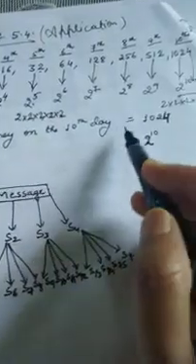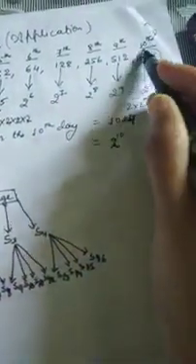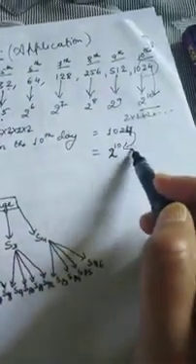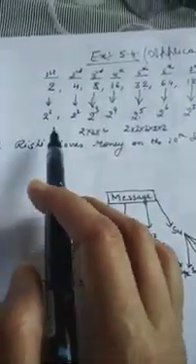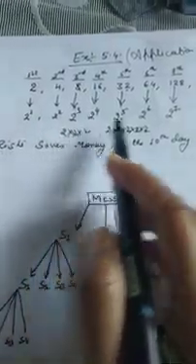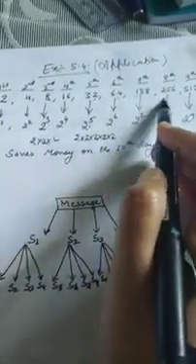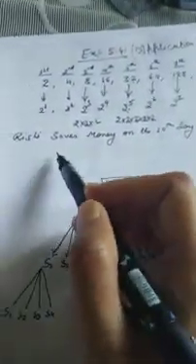So on the 10th day, you will write like this: Rishi saves money on the 10th day equal to 1024, and in the exponential form you can write it 2 to the power 10. So you can see how we can arrange this number in a pattern, in the exponential form, as he is saving double of the previous day: 2, 4, 8, 16, 32, 64, 128, and so on. Got it?